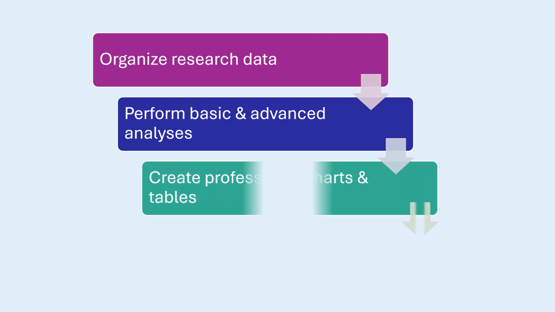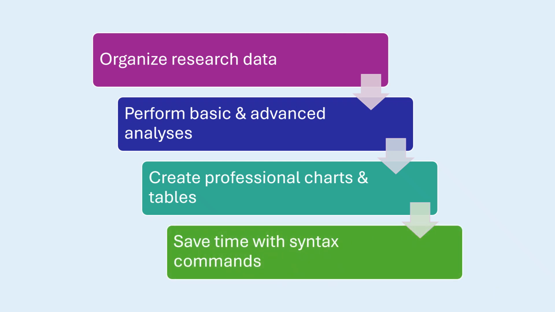Make charts, tables, and graphs that look professional for your reports or presentations. Save time and reduce errors using syntax commands. Basically, SPSS is your best friend for research data.